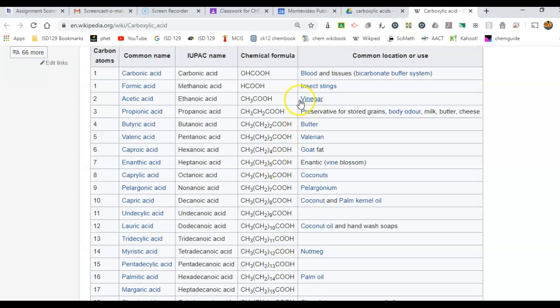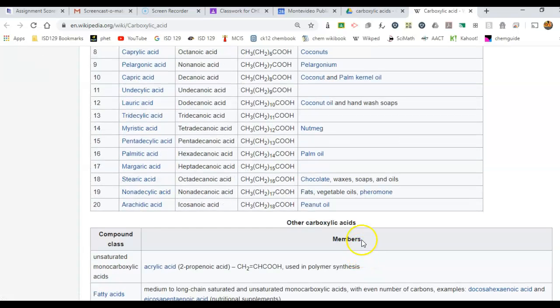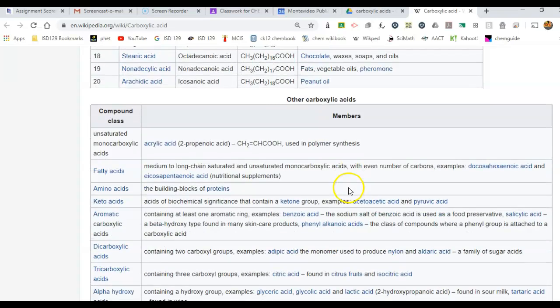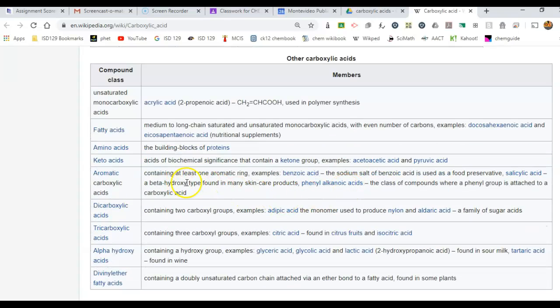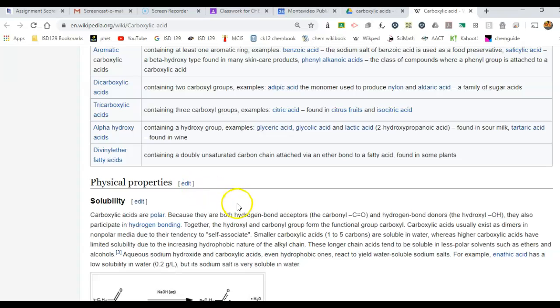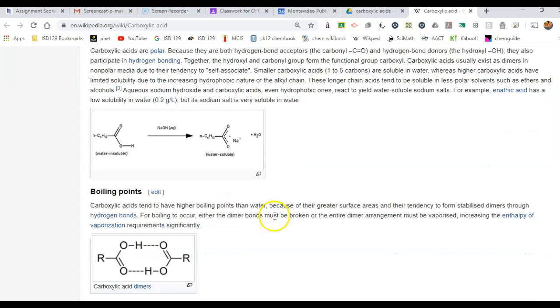Coconuts, vinegars are acetic, butter, butyric. You're going to miss that smell when we don't get to do those esters. And you can just see there's a wide variety of them. You can take a look at them. There's all kinds of different go-beyond readings that you can look at.